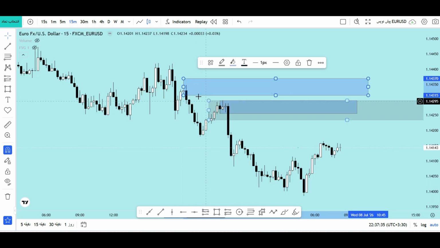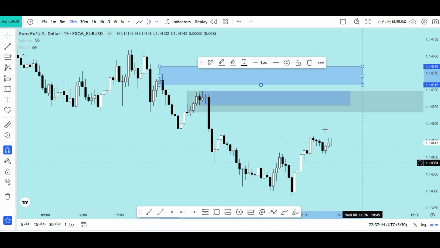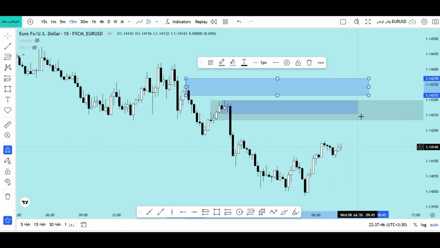And between them is an FVG. So we are waiting for price to come to one of these zones, and after seeing a change of character we are trying to enter the position. Let's see what will happen.